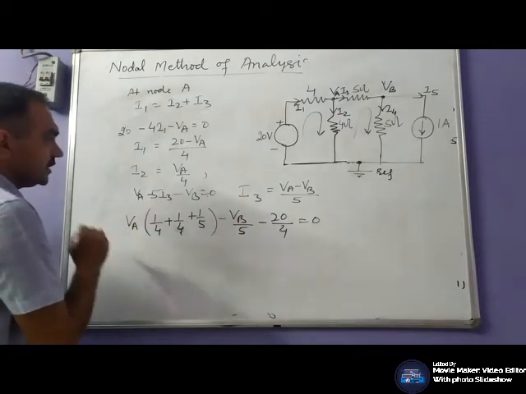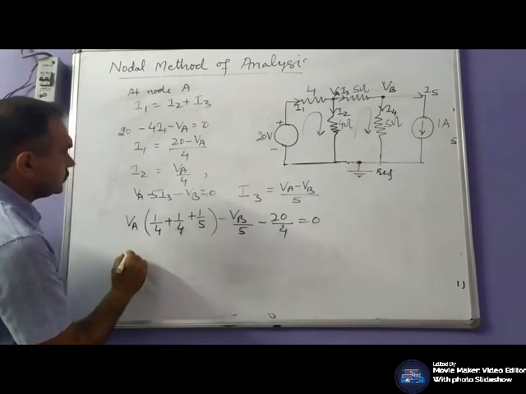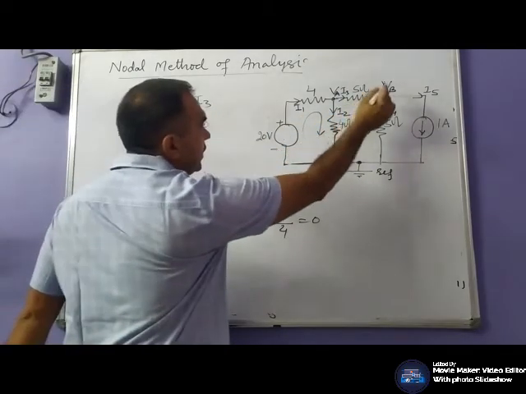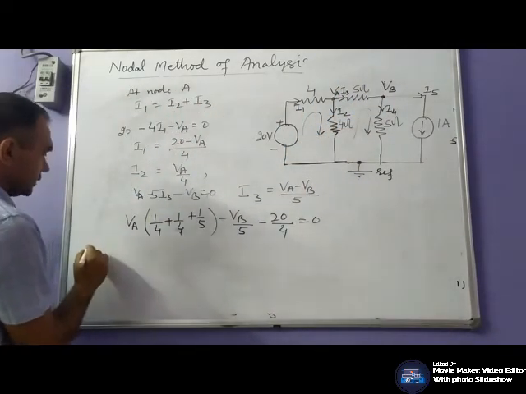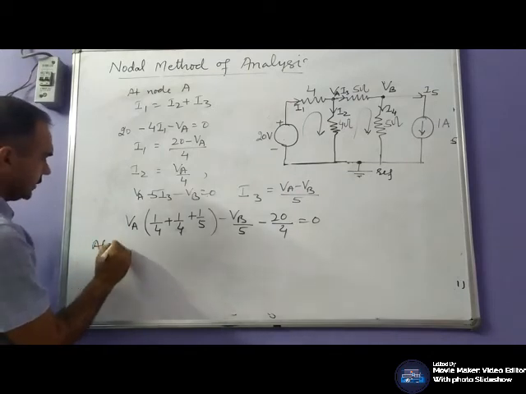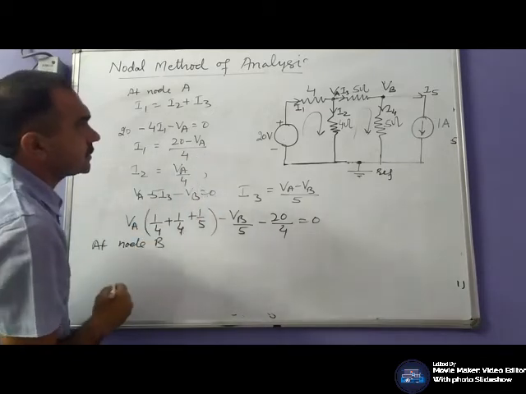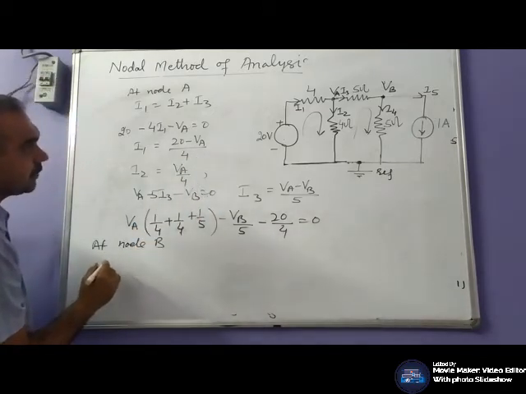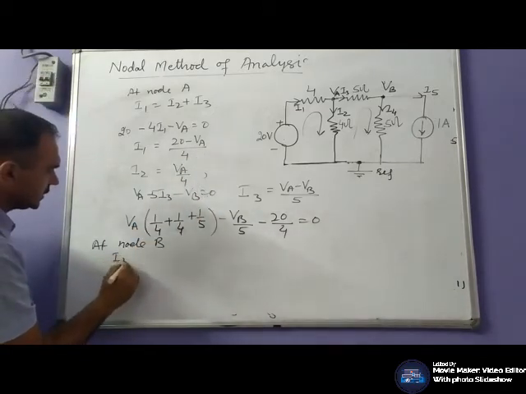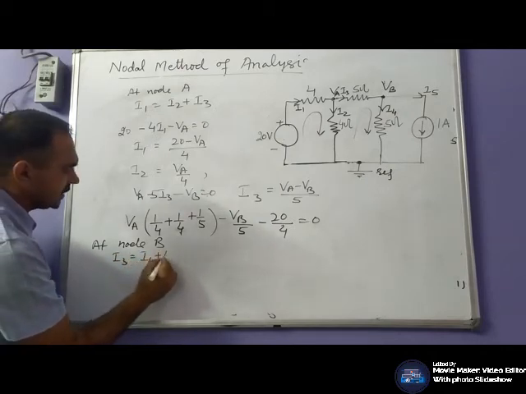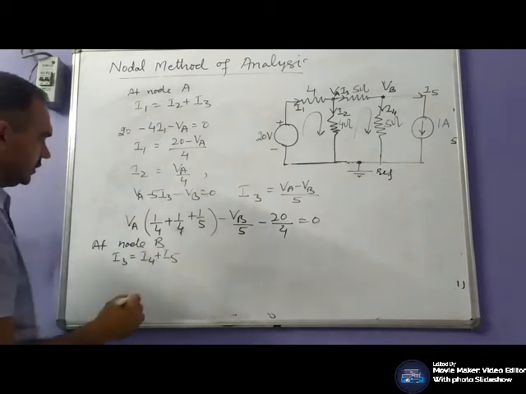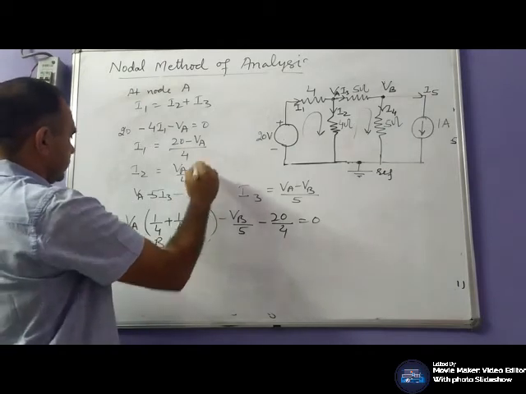Another equation at node B. Again at node B, I3 is equal to I4 plus I5, and I3 we have already found out.